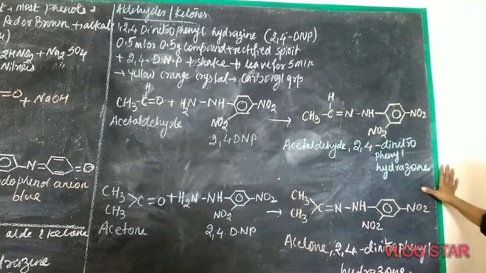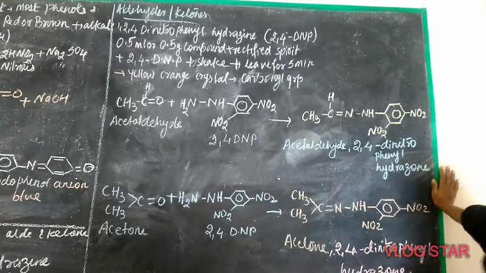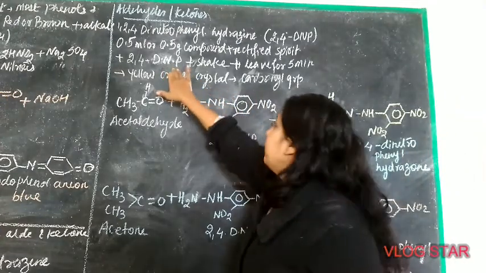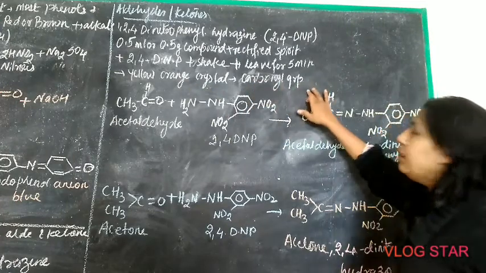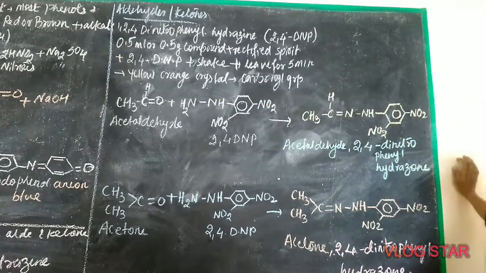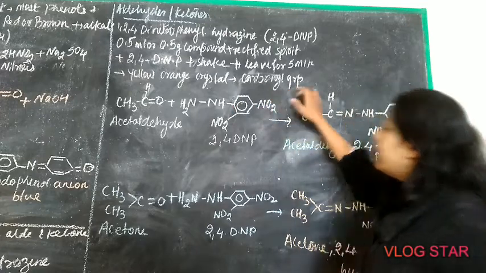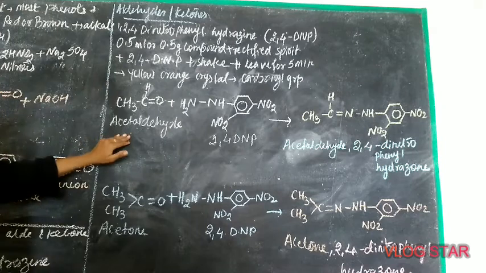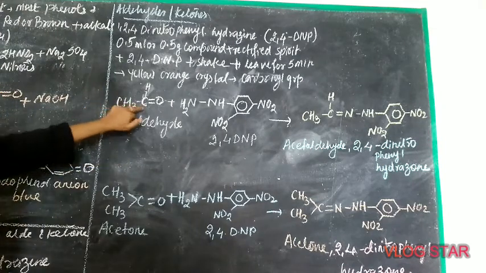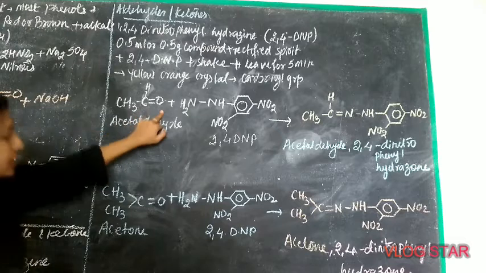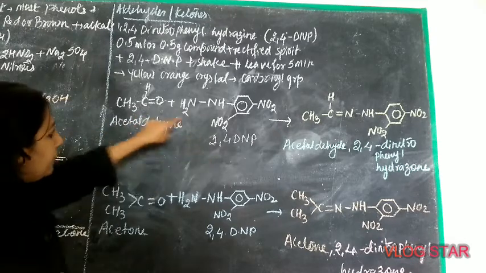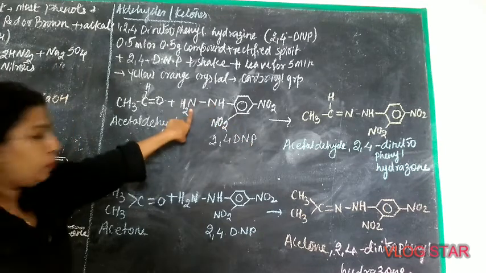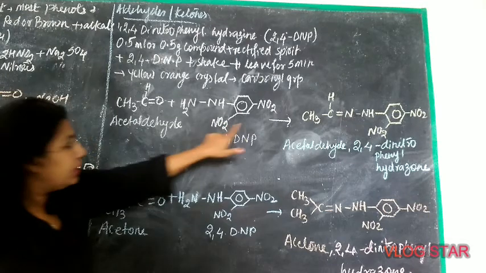Take 0.5 ml or 0.5 gram of compound plus rectified spirit plus 2,4-DNP. Shake it and leave it for 4 to 5 minutes. If you get yellow-orange crystals, that means a carbonyl group is present. Now, if you had taken an aldehyde, the reaction will be like this: CH3CH double bond O plus 2,4-DNP, that is the aromatic ring, NH, NH2, here NO2, here NO2.